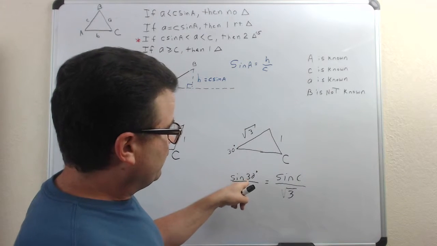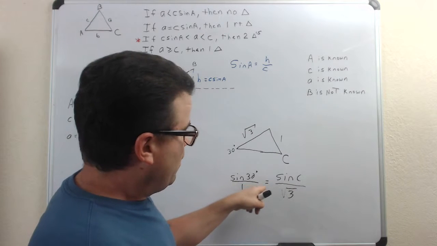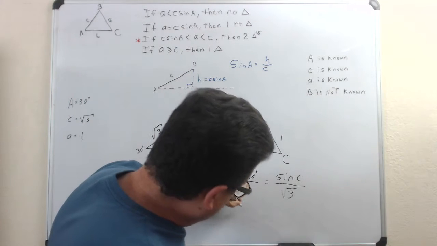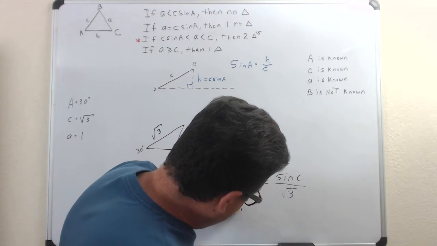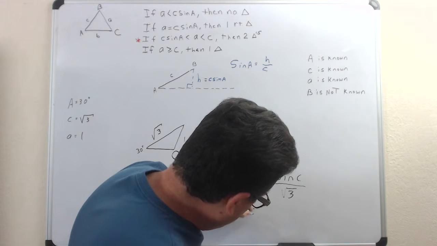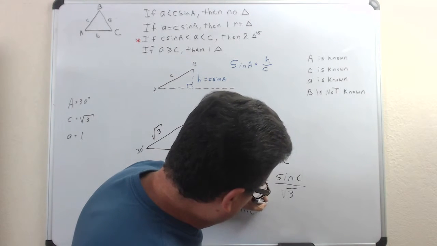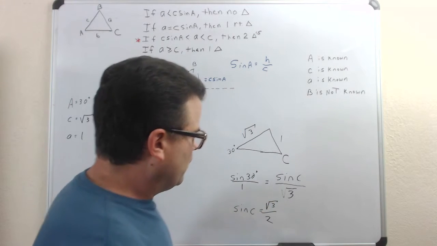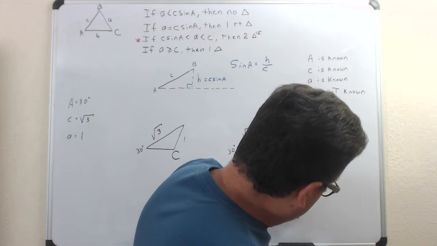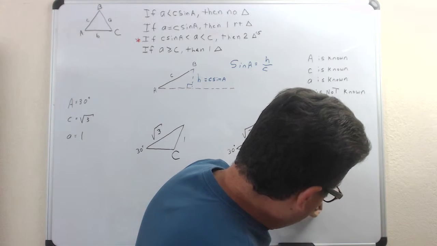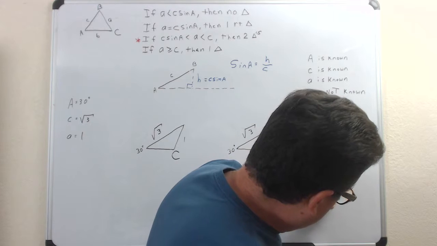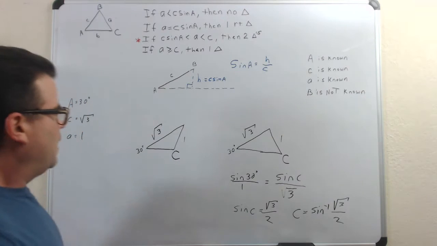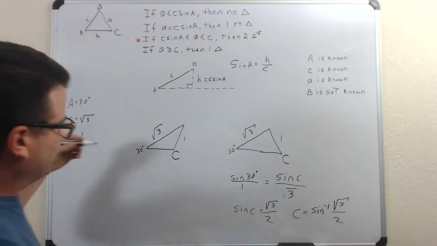Sine of 30 is 1/2, so if I multiply both sides by root 3, I get sine C equals root 3 over 2, or C equals arcsine of root 3 over 2.